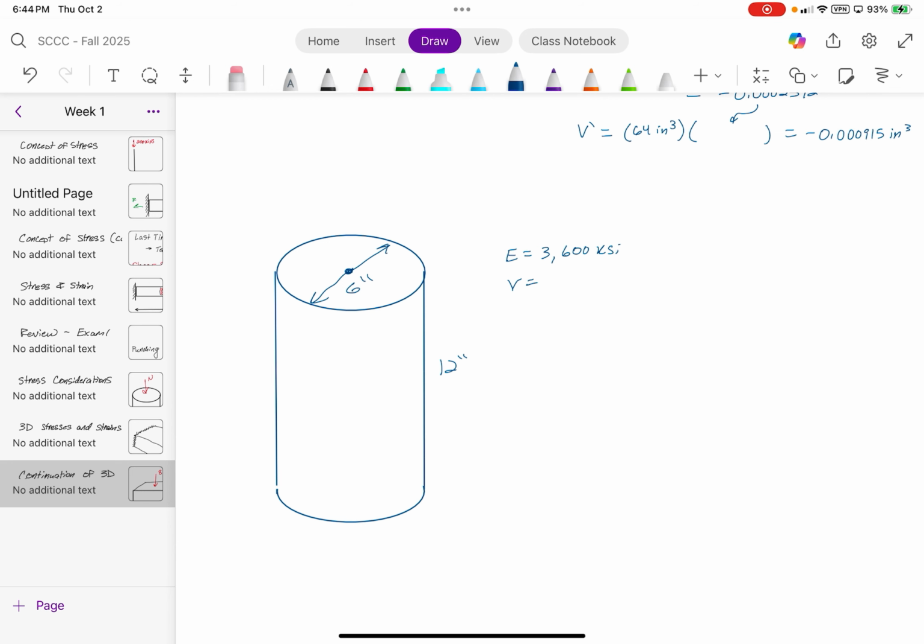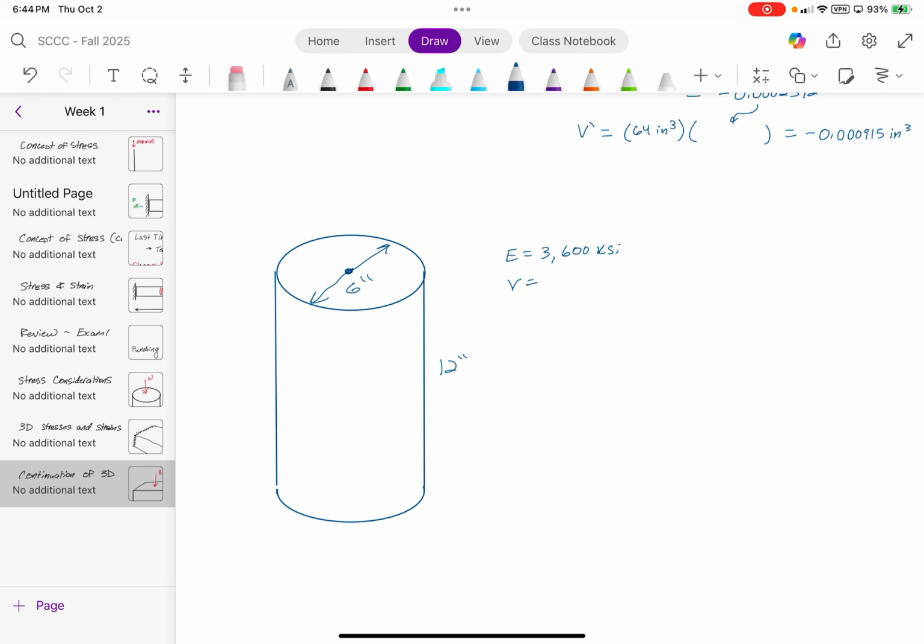One of the things that you guys will notice in your packets is there's no modulus of rigidity for concrete, and that's because concrete is generally pretty weak in shearing also. Like in actual concrete design, it's a function of the square root of the compressive strength, so it's very weak.